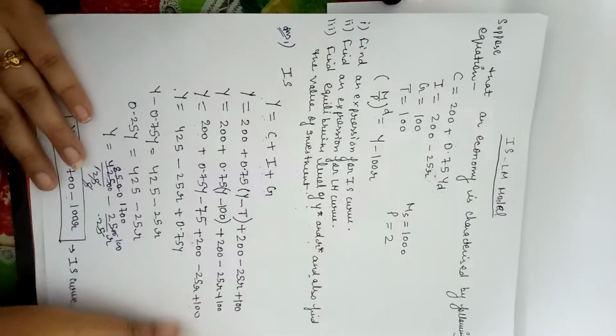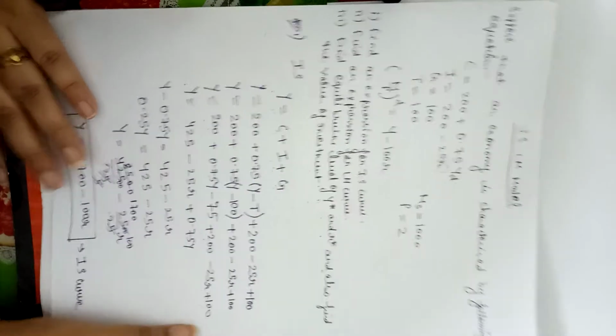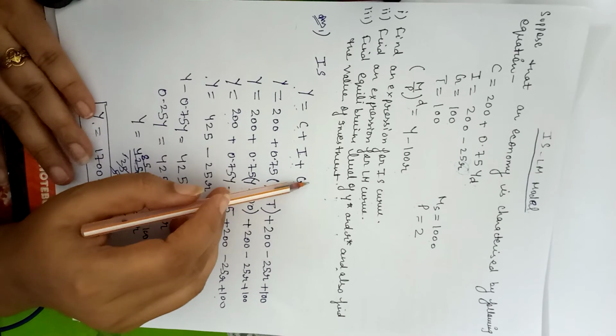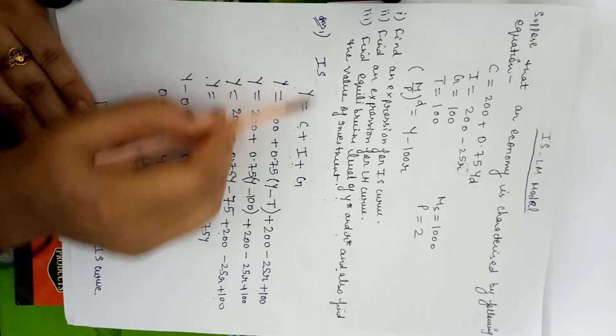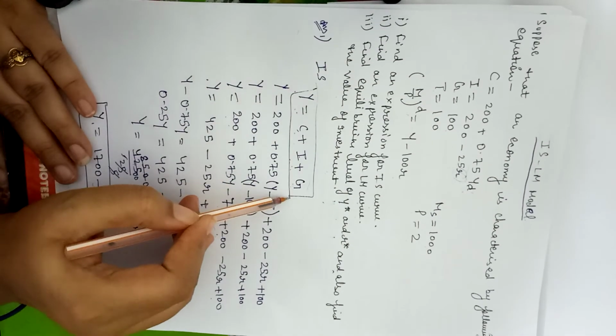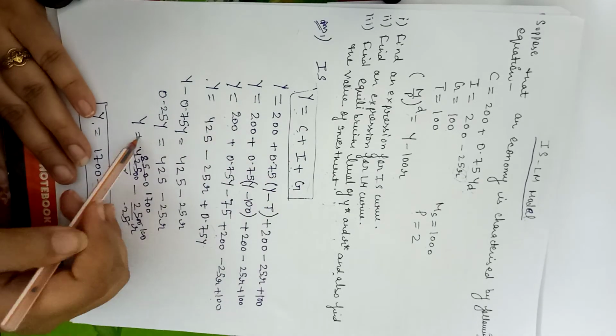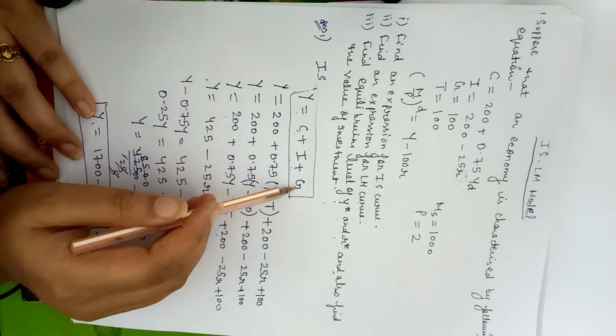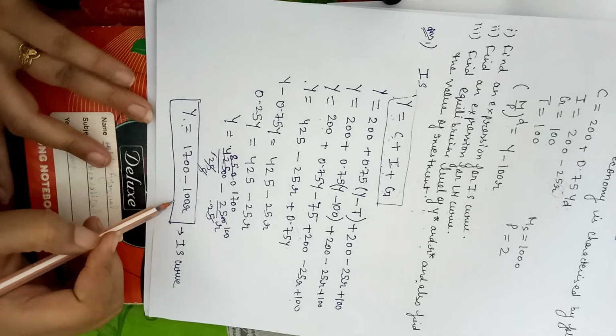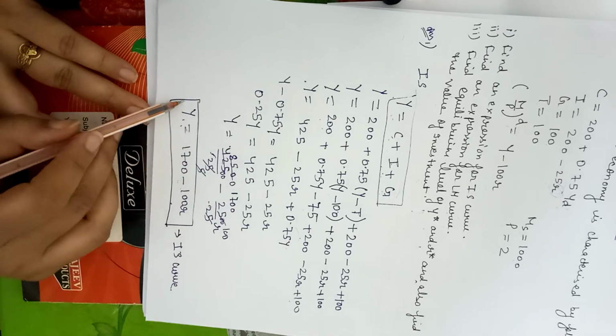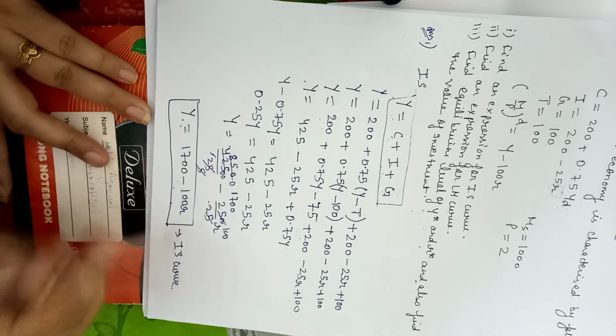Now let's have a quick recap. For the IS curve, we have to just make the equation like this and solve for Y. Then we will get the equation in terms of Y and R, and for IS we will see that it is negatively related.